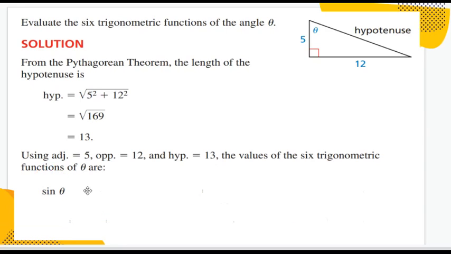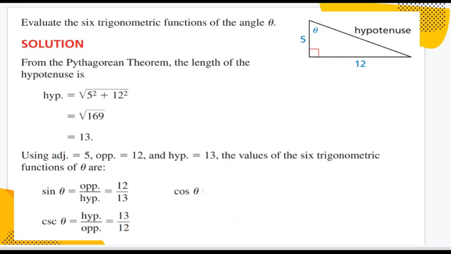So sine theta will be equal to the opposite over the hypotenuse, which is 12 over 13. The reciprocal is cosecant theta, which is hypotenuse over opposite. Just get the reciprocal, that is 13 over 12.